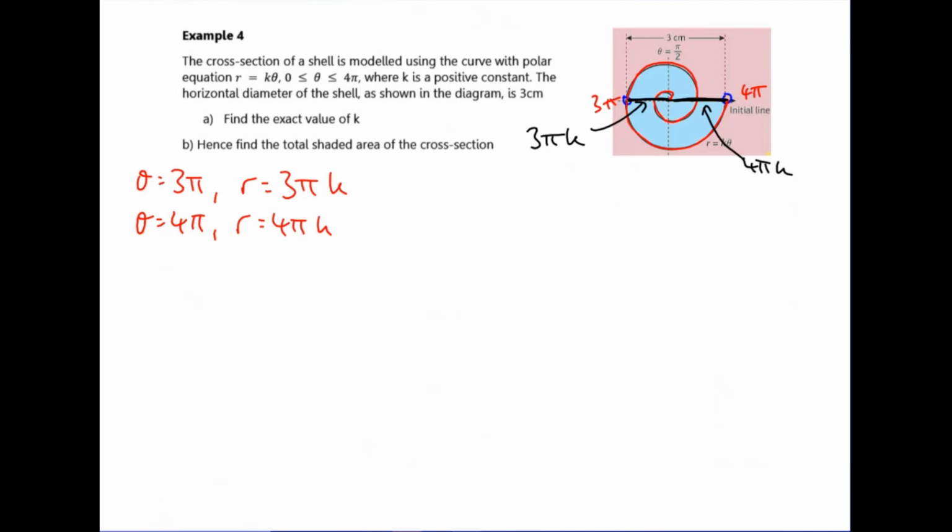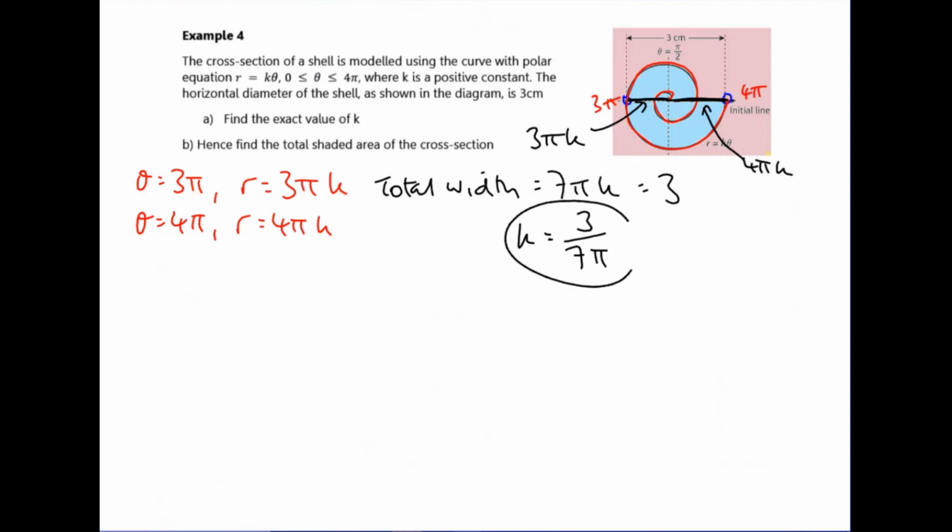So the total width is 7 pi k. Adding those two together, that's equal to 3 centimeters, so k equals 3 over 7 pi. That's an exact value.